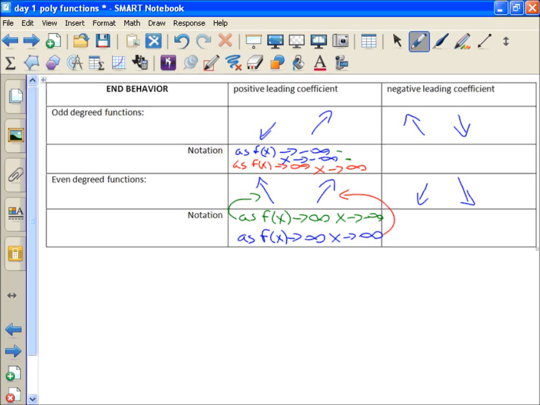So just think, as the graph goes up, the x's go down, and as the graph goes up on the other side, the x's go up. These would be the same, just reversed. These two over here.